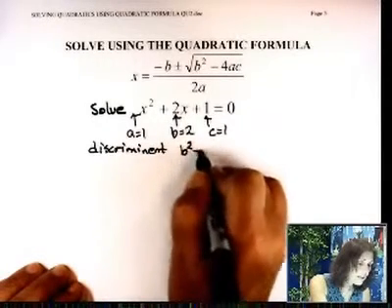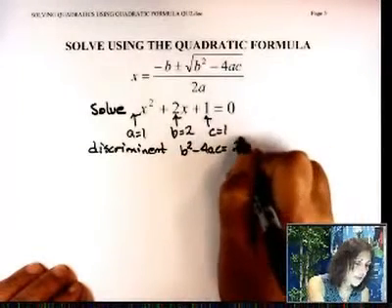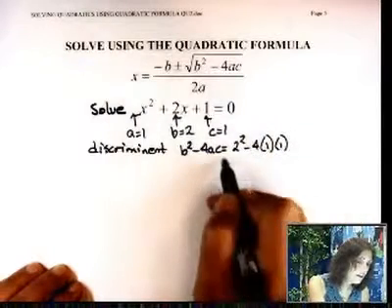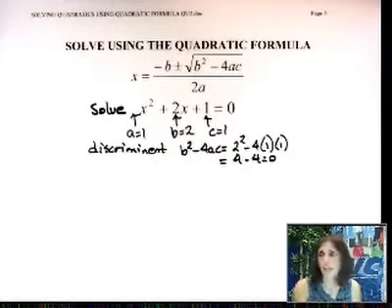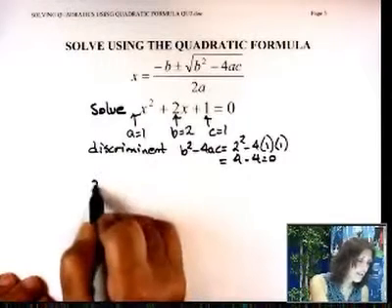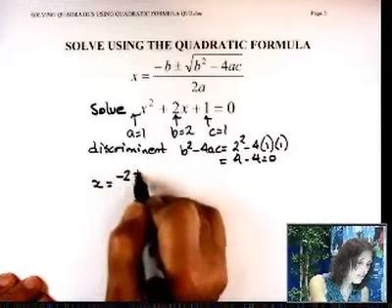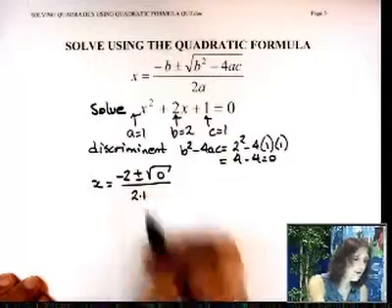B squared minus 4AC. B squared is 2 squared minus 4. A is 1, C is 1. This one is 4 minus 4, that's 0. Okay, now let's plug it in. X equals negative B, which is negative 2, plus or minus the square root of 0, over 2A.